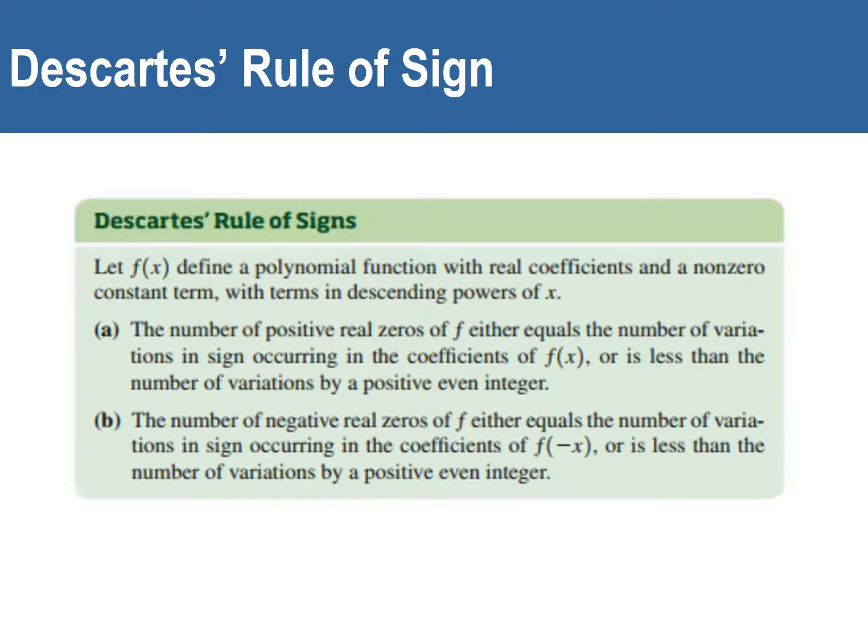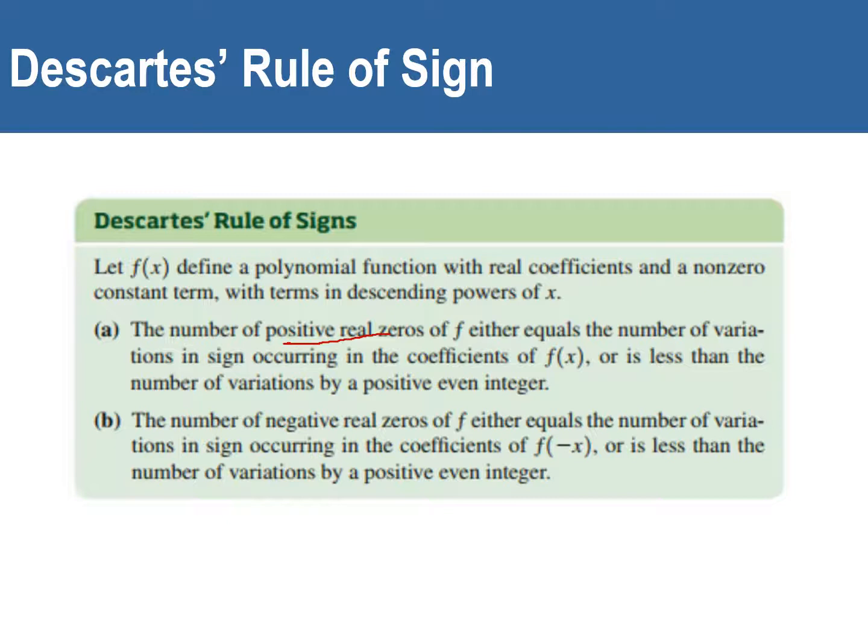Descartes' rule of signs says that the number of positive real zeros of f is equal to the number of variations in sign of the coefficients, or that number minus 2 or minus 4.